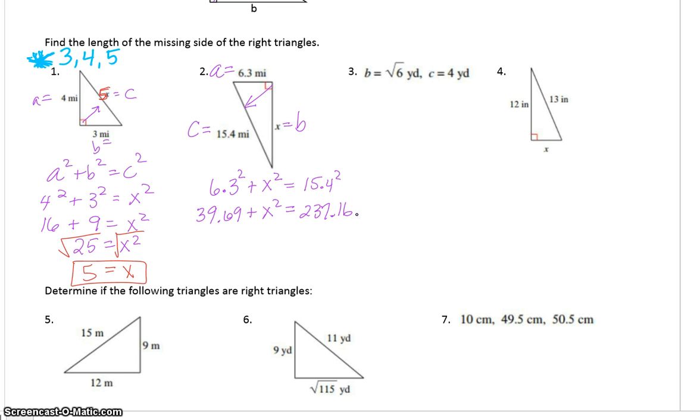So you can use the squared button, or you could just do 6.3 times 6.3 and 15.4 times 15.4.